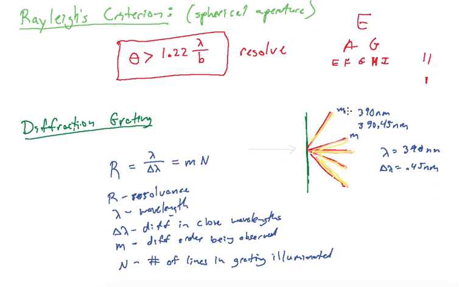If I look at this order, and this is the difference in the wavelengths of the two photon types being emitted that are close together, how much of the grating will I have to illuminate in order to see a separation in that order? And similarly, you could ask, if I can illuminate this much of it, what order would I have to go to, and things like that. Okay, so this is our equation for resolving a diffraction grating.